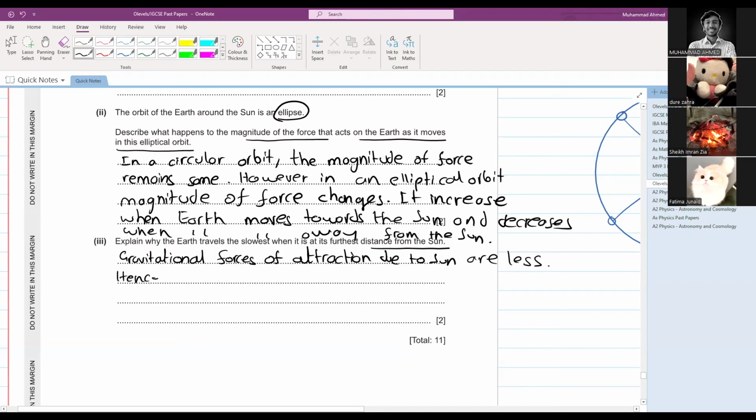Hence, your gravitational potential energy is greater, resulting in a lower kinetic energy. Let's further move ahead.